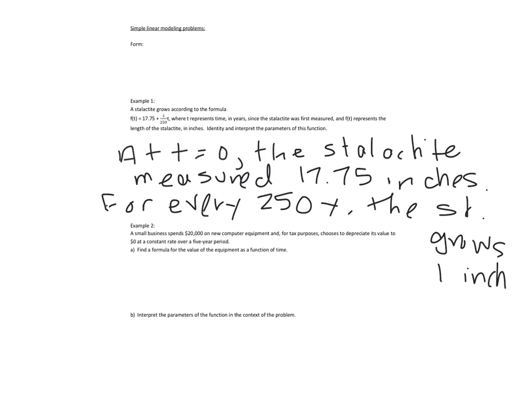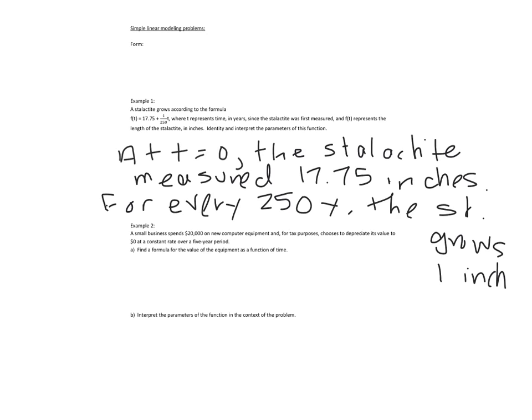So again, that number 1 over 250, 1 is the change in y in inches, 250 is the change in time in years. So it takes a long time for a stalactite to grow, is what I'm learning.